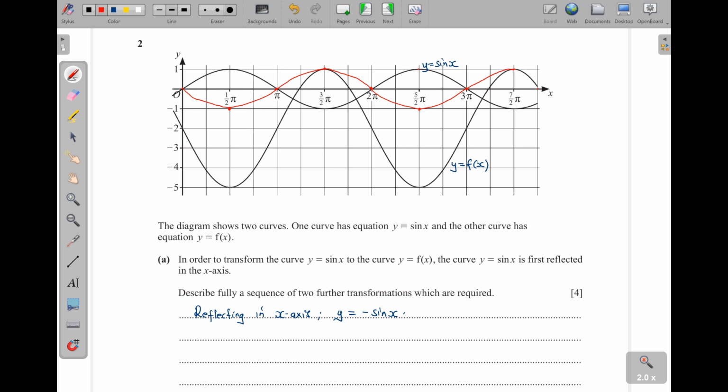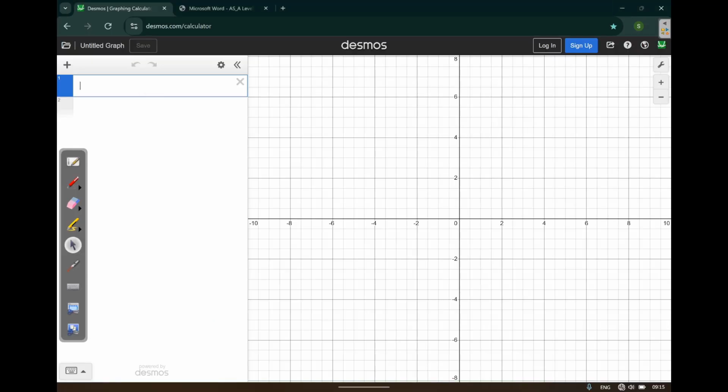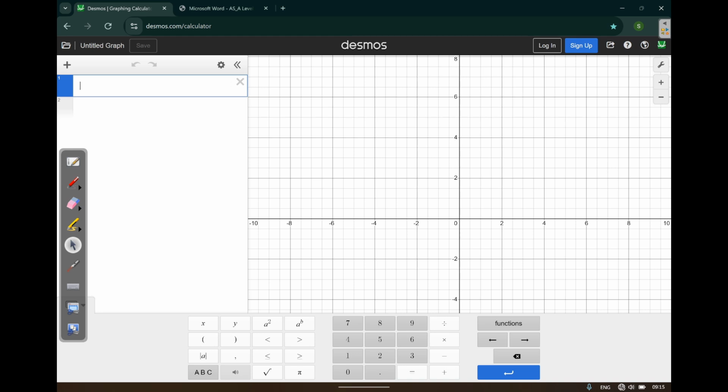But now let me take you through the process of transformation of these trigonometrical functions. Suppose I have my graph here, and I'm going to use that one of y is equal to sine x.